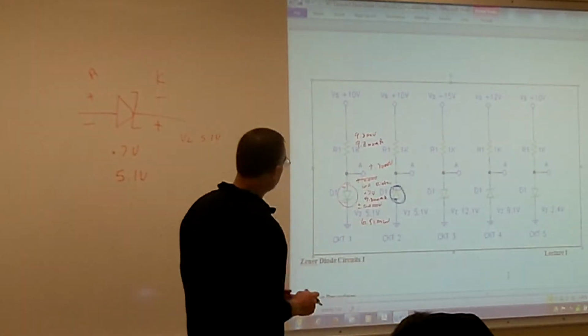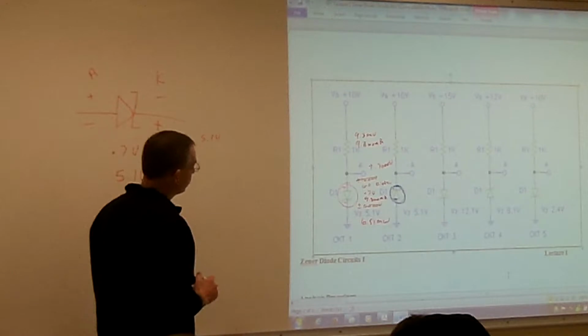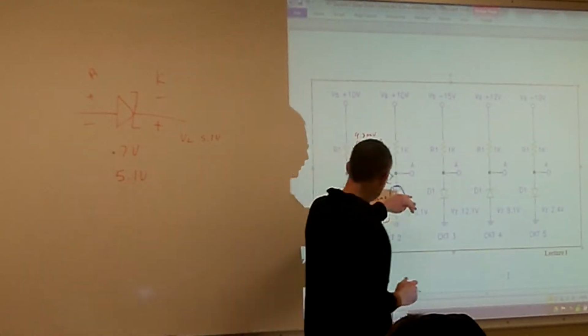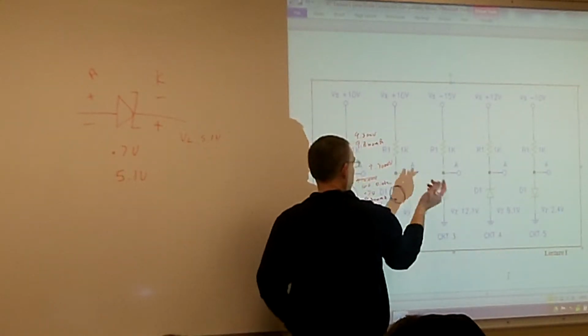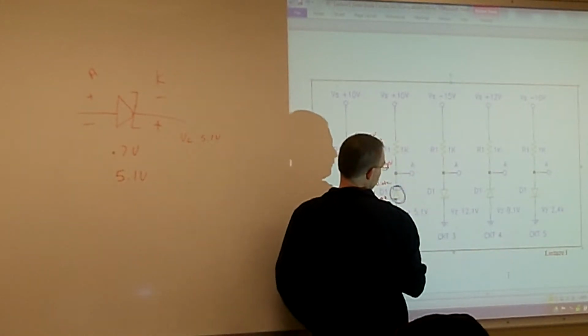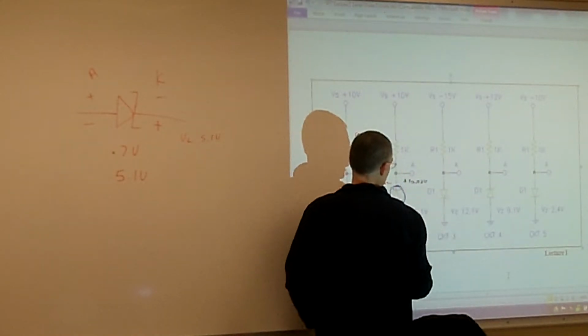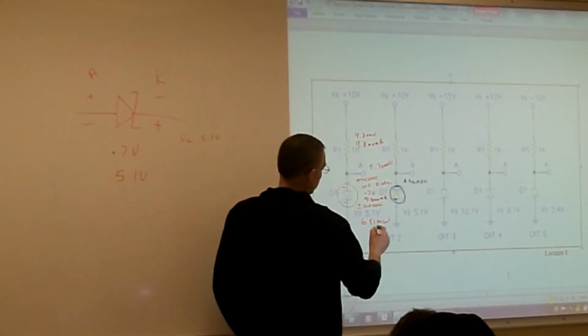Then my next step: find the soft voltage. We're going to treat that diode as an open. My soft voltage on my cathode side is going to be plus 10 volts. Don't forget the polarities. And on my anode side it's going to be plus or minus 0.